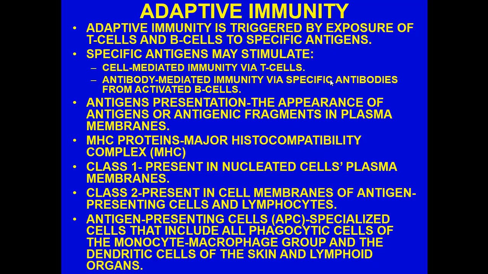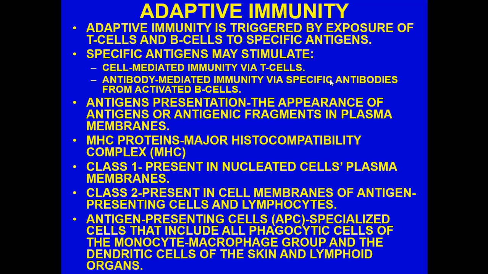And lymphocytes. Now, antigen-presenting cells, these are APCs, specialized cells that include all phagocytic cells of the monocyte-macrophage group and the dendritic cells of the skin and lymphoid organs. By the way, dendritic cells in the skin? Yeah.